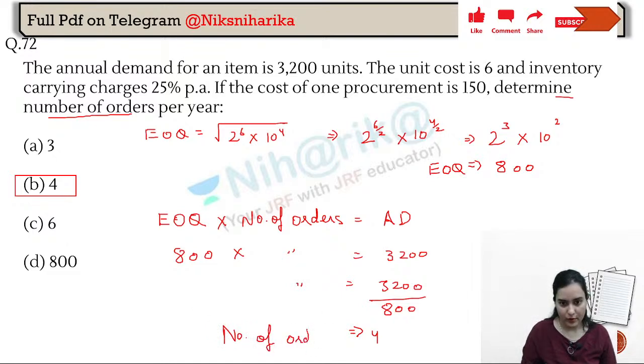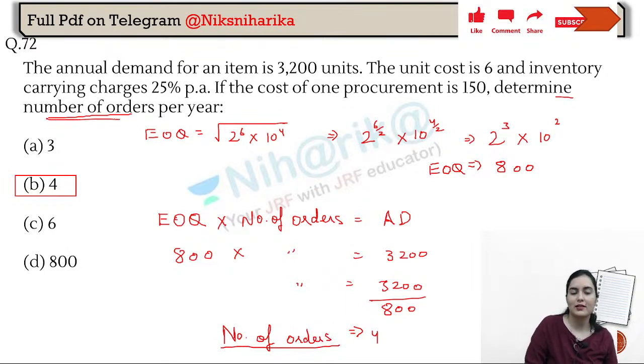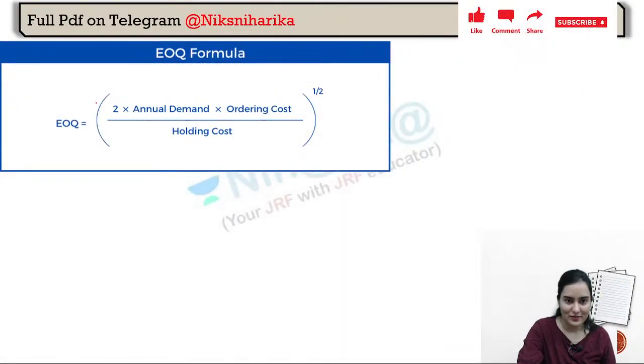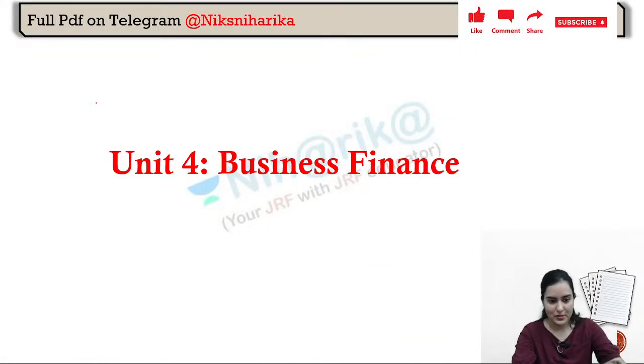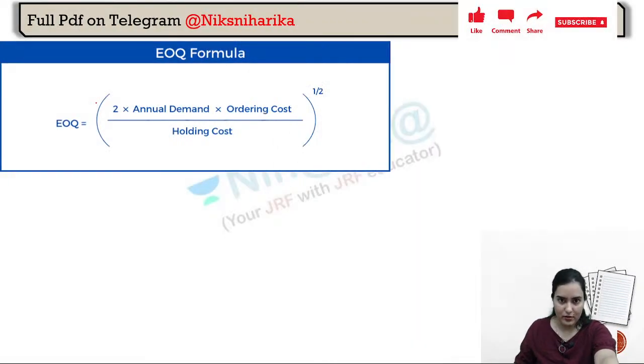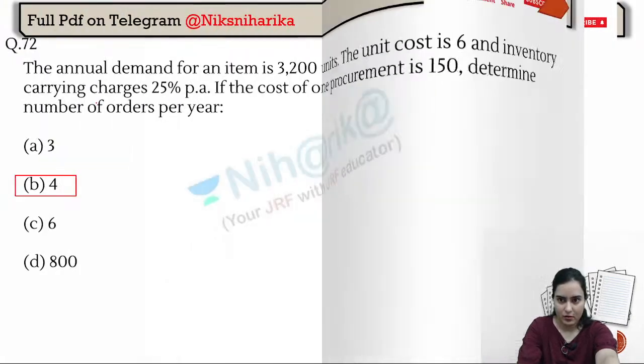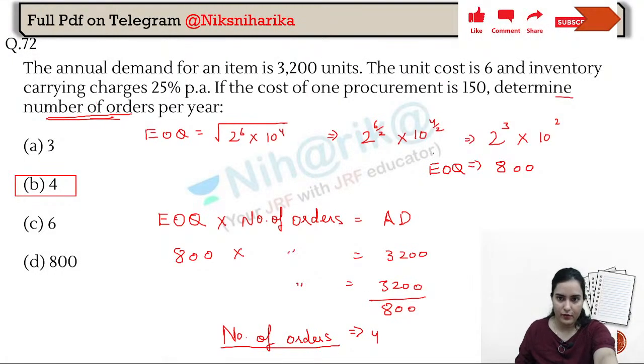So now we have to be very careful while solving the questions, that what exactly the question is asking. NTA is very very intelligent. They trap us. Now this was our formula that we have done. Business finance we have already finished.